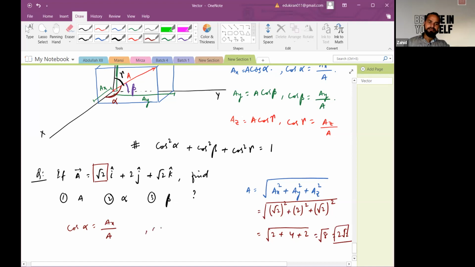Similarly, cos beta is equal to AY over A. AY is this term, A is 2 root 2.